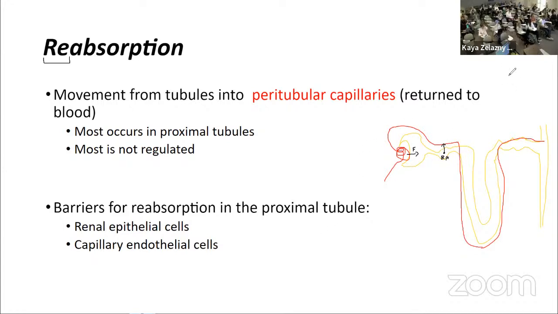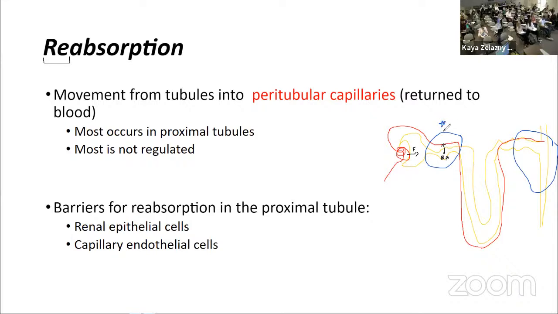Okay. So most of this is going to be happening in the proximal tubules, this region of the nephron, essentially. We are going to have more of it happening in the distal tubules and the collecting duct when we get there. But in terms of volume, the bulk of it is happening pretty immediately right here.